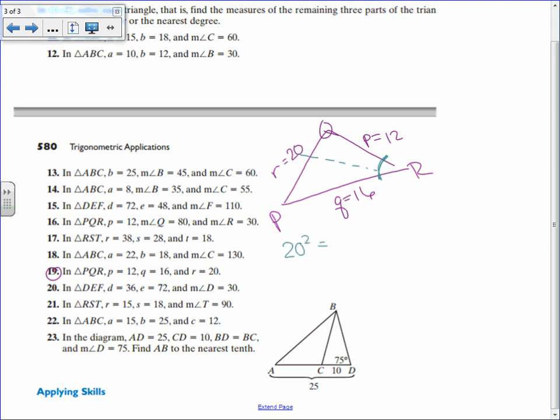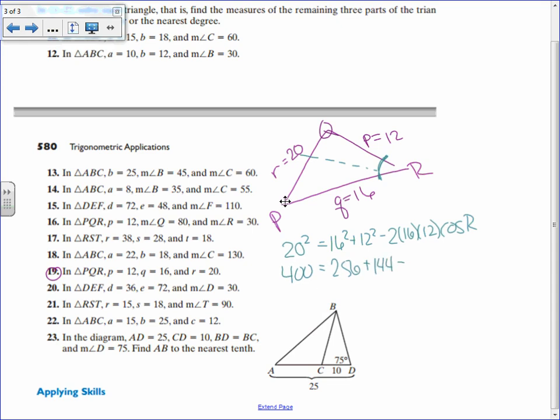So this is going to be 20 squared is equal to 16 squared plus 12 squared minus 2 times 16 times 12 times the cosine of big R. So 20 squared will give me 400. 16 squared is 256. 12 squared is 144.